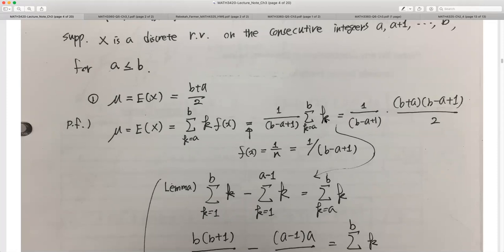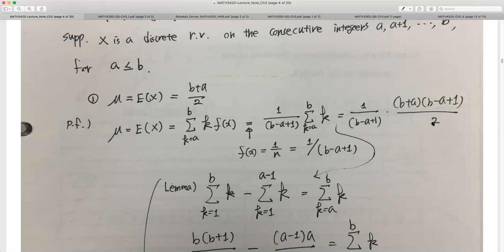Now then what? I believe you learned about summation. Using the formula of the sigma of k, k equals a through b is (b plus a) times (b minus a plus 1) over 2.